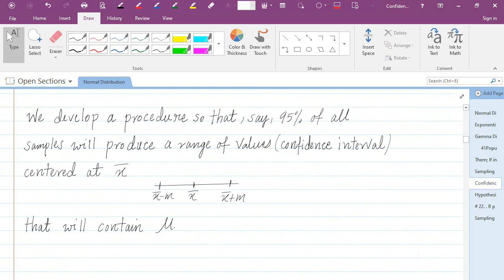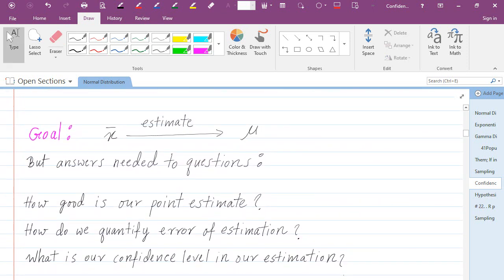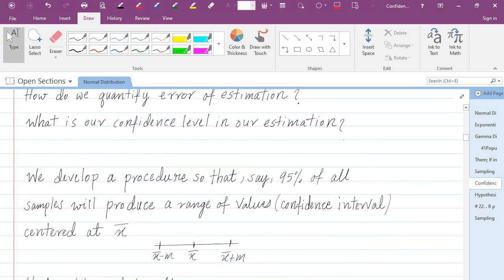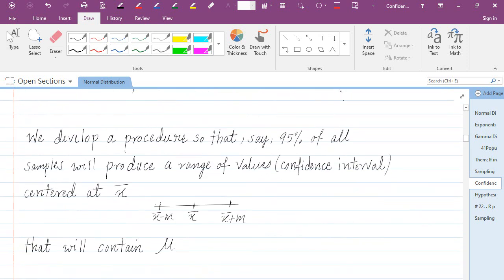In order to answer these questions, again we want to use the sample mean to estimate the population mean. In particular, in our example, we want to use the sample mean height as an estimation of the population mean height. The gist of how we are going to answer these questions is the following.